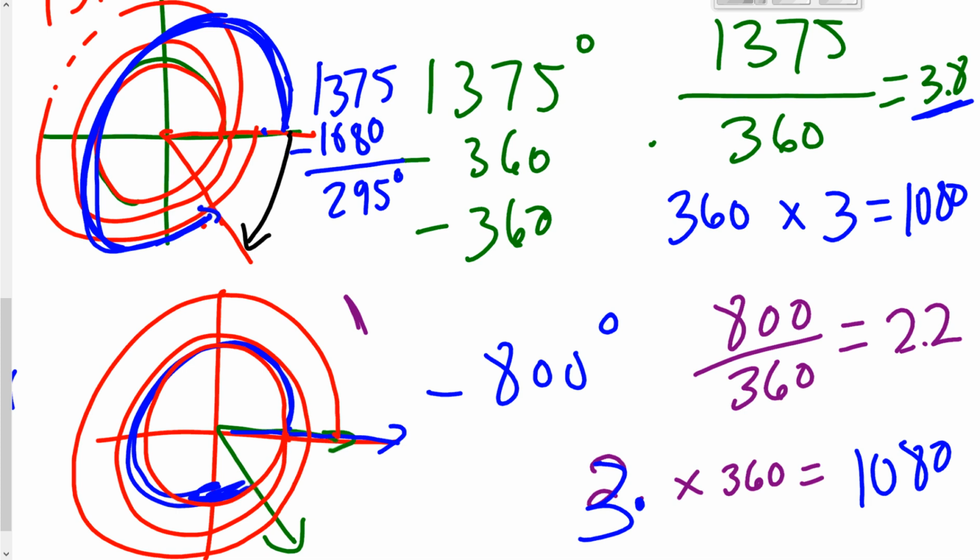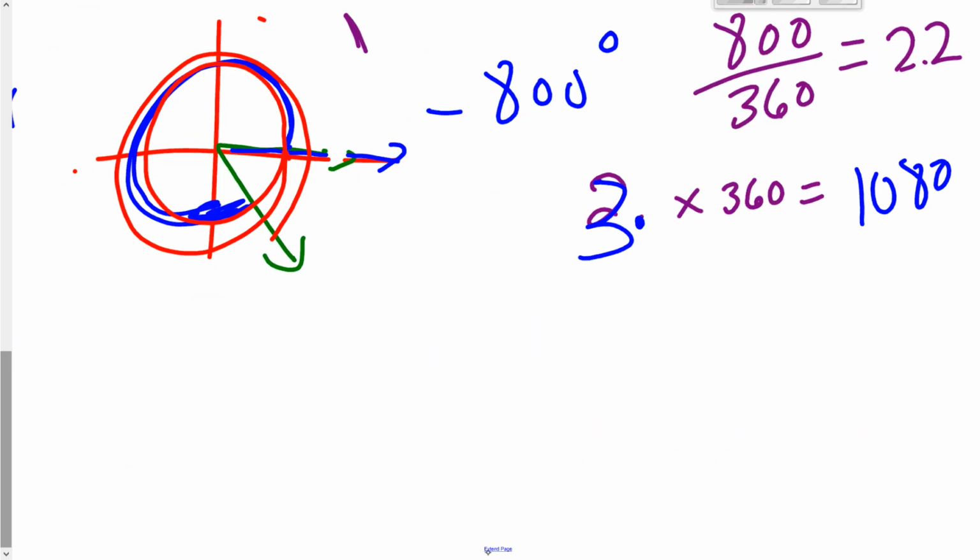Then we'll take this 1080 and subtract, and we'll get the distance that we need. So whenever it's negative, you round up; whenever it's positive, you round down, multiply that by 360, and then subtract it from the angle that you have. So I'm going to take 1080.